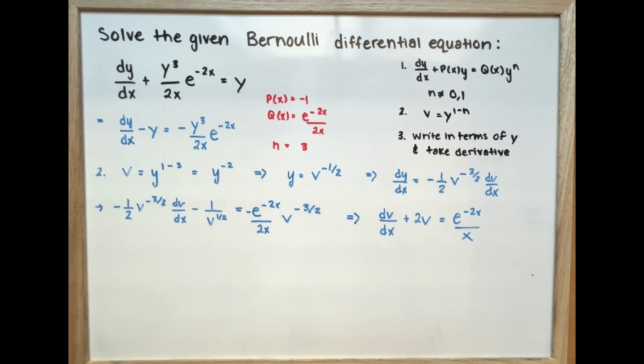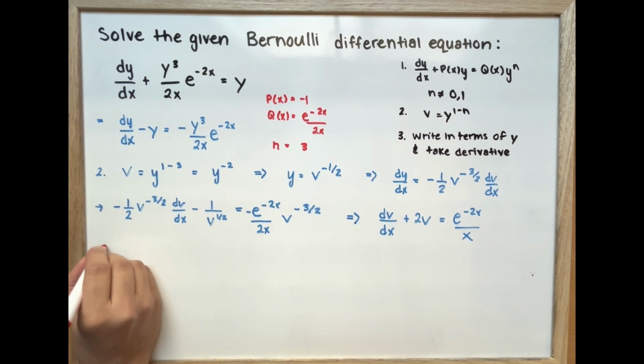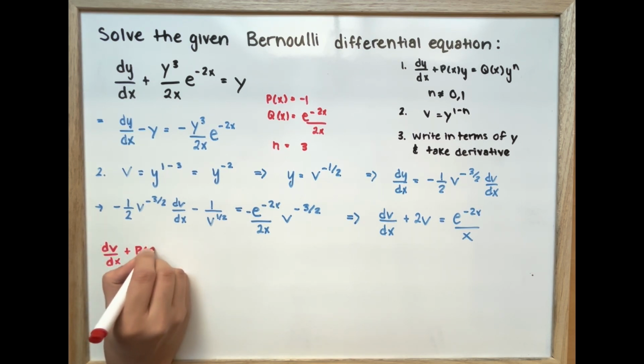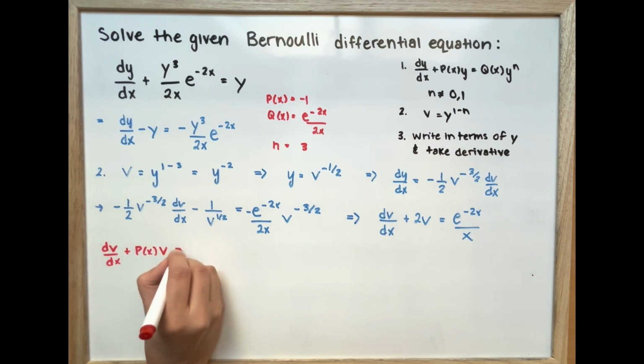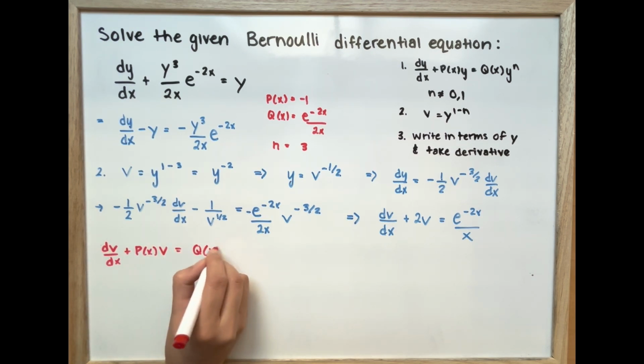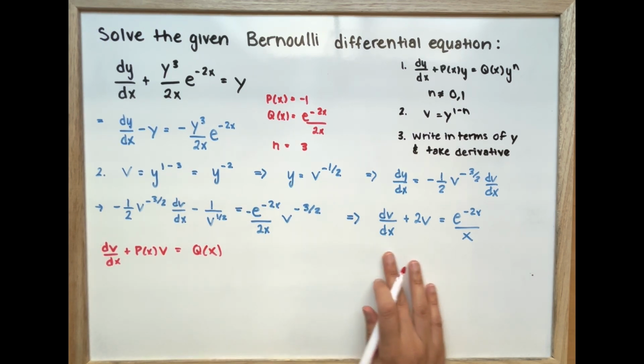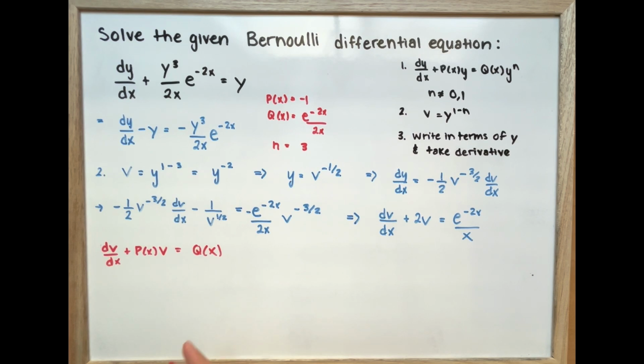So now if we look at this equation carefully, it's in the format of dv over dx plus p of x times v is equal to q of x. This is our linear first order differential equation. So we're going to solve this differential equation using our integrating factor.